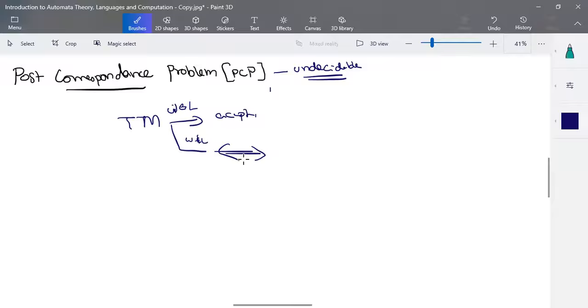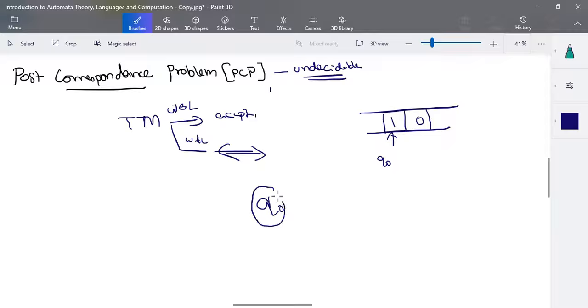I'll just give you one example. Say you want to construct a Turing machine of this structure, where the input is 10 in Q naught. If the input is 1, it will remain as it is, and we move right to the Q1 state.